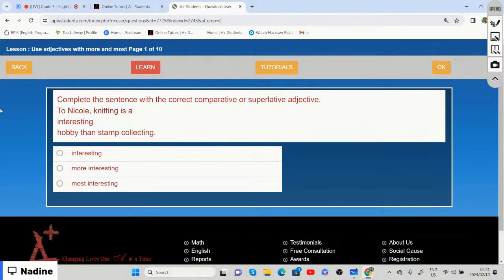So we can say, to Nicole, knitting is a, I'm not sure if I need to put here more or most, but it is an interesting hobby than stamp collecting.